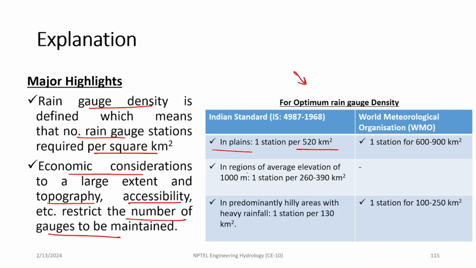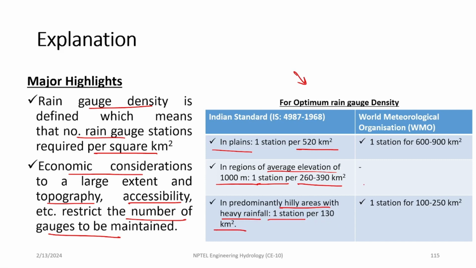If we have an average elevation of 1000 meters, that is 1 kilometer, we can allocate one station for an area of 260 to 390 square kilometers. Also for hilly areas with heavy rainfall, we need to install at least one station for 130 square kilometers of area.